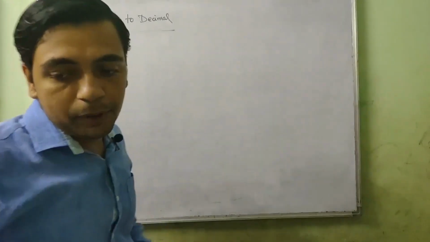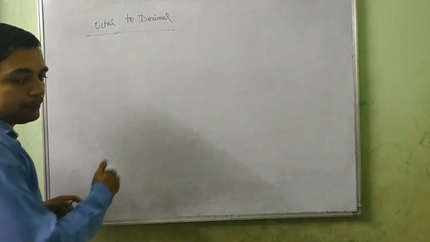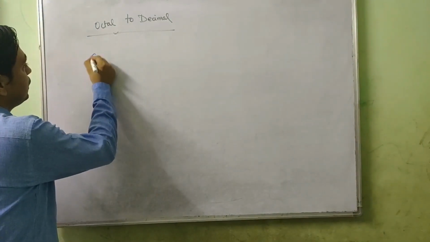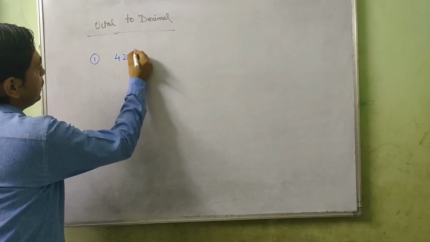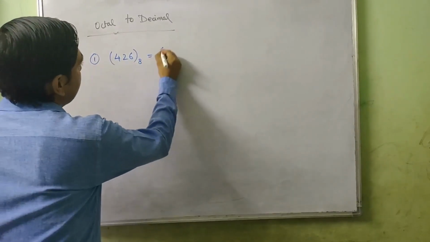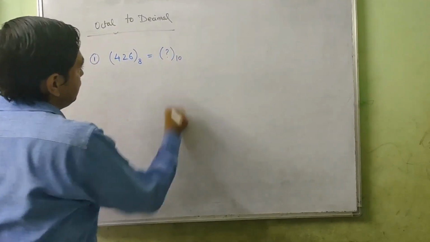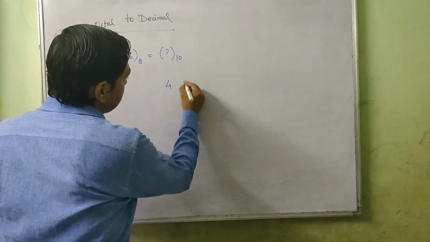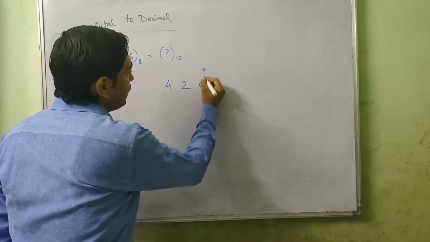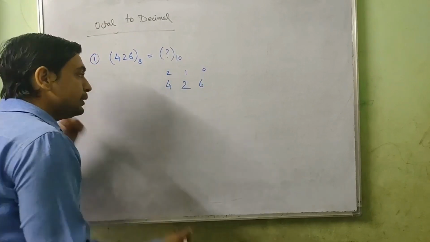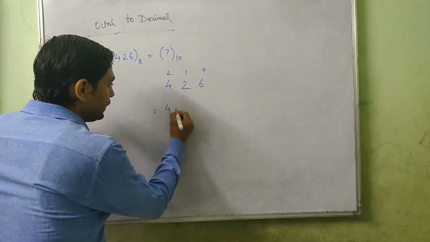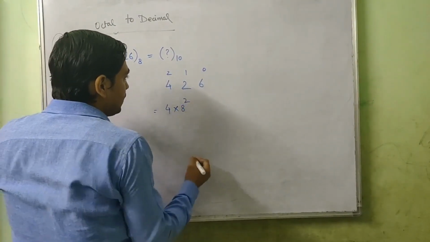Now the given octal number, for example, let it be 426. 426 in octal, what will it be in decimal? So we will note down the digits. You will start the power from 0 from the right-hand side, and now you multiply each digit with 8 to the power given.